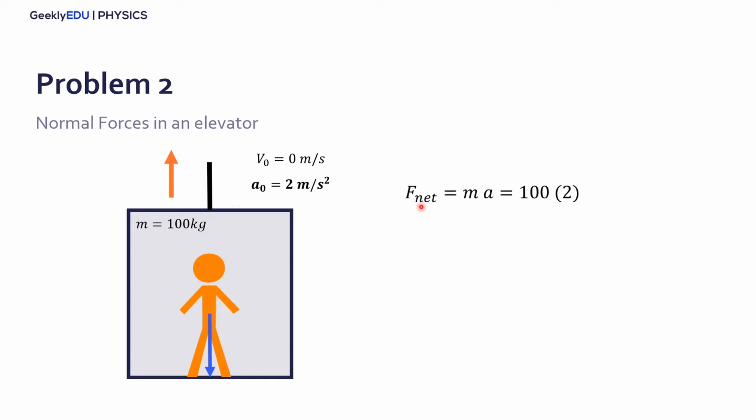Well, we know that the net force now is not 0 anymore because the system is moving up. It's an accelerated system. So we can calculate the net force by multiplying the mass times the acceleration. So we have a net force actually of 200 newtons pointing up.